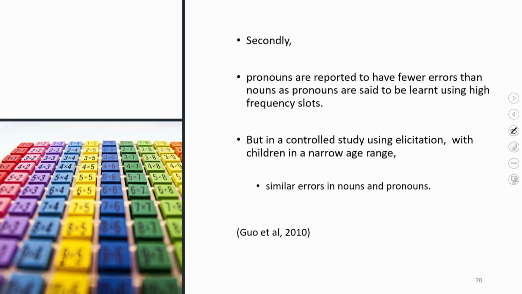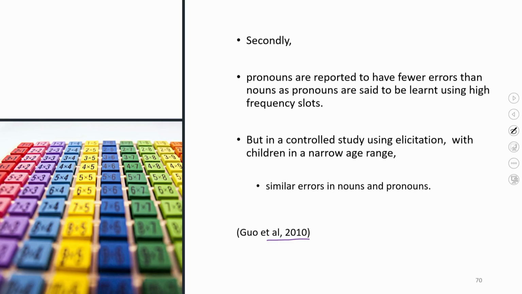So, naturally pronouns are supposed to have fewer errors as opposed to nouns, but this was also contested in a controlled study by Guo et al., in which they had a very narrow age range of children, and they used the elicitation technique for children to produce sentences, and found that similar kinds of errors in nouns and pronouns were produced by the children.